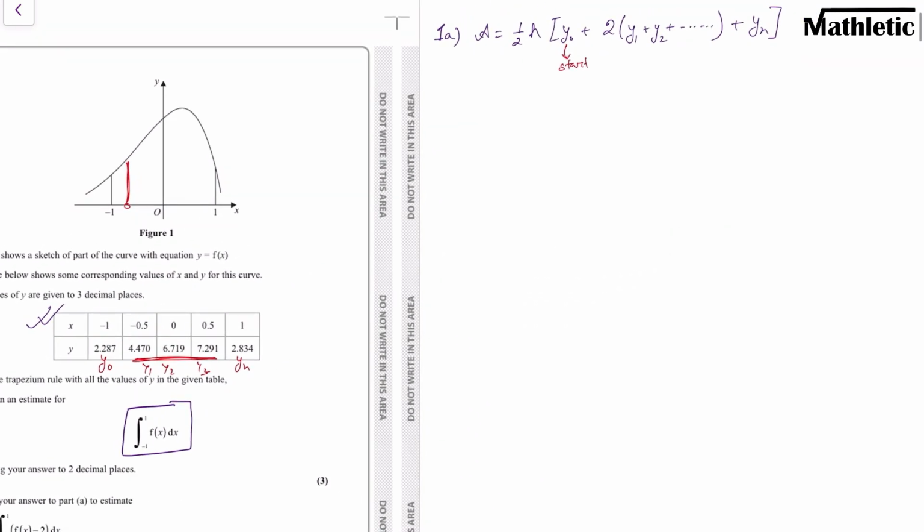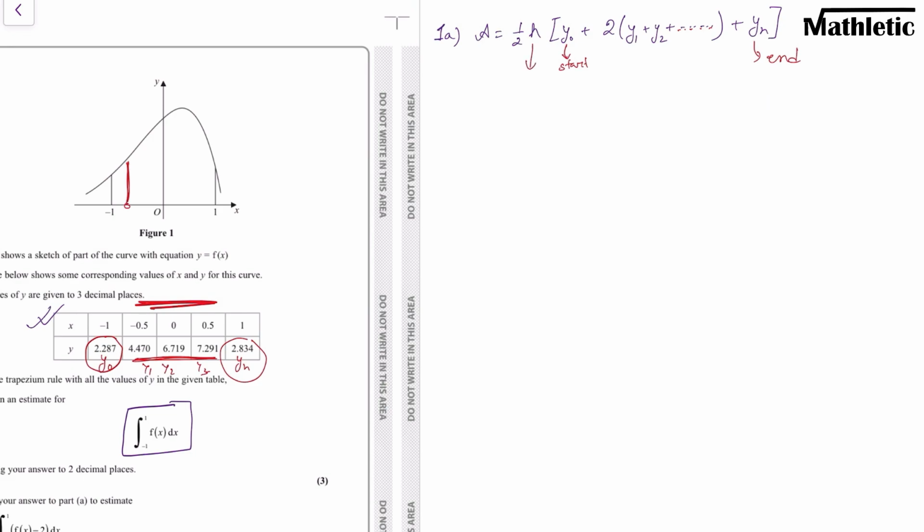So y naught is the starting one, yn is the ending. In between you just add all the remaining y coordinates here. You select the first and the last, substitute them here, and all the remaining ones in between you just substitute within this bracket.